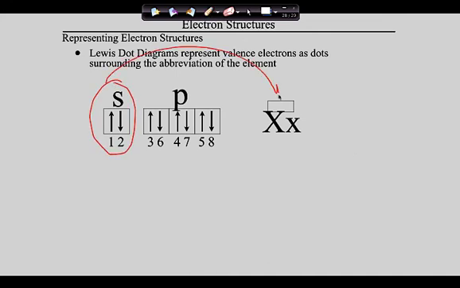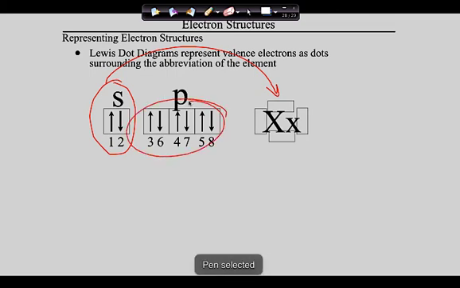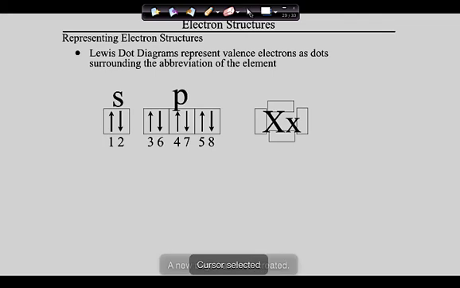That box represents the one orbital in the S sublevel. Then left, bottom, and right, we are imagining that there are 3 boxes, and these 3 boxes represent the 3 orbitals in the P sublevel. Now, instead of drawing arrows in these boxes, we are going to draw dots. But we don't actually draw the boxes.